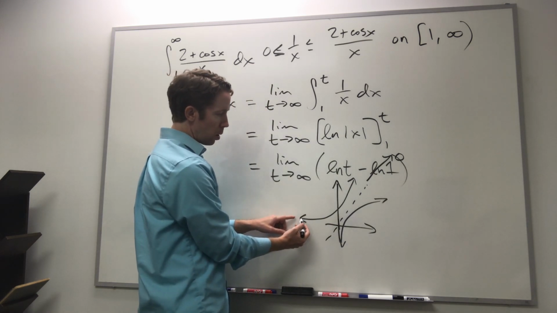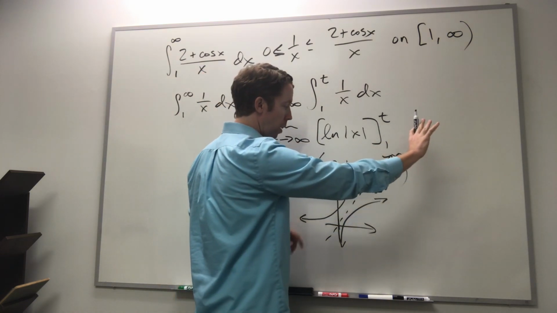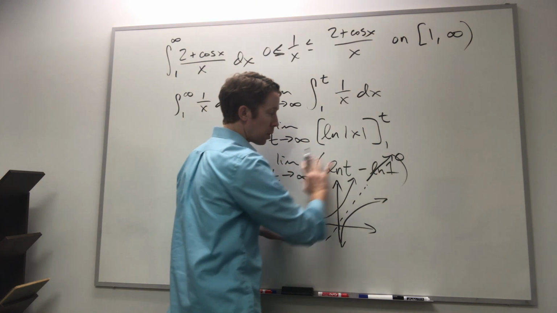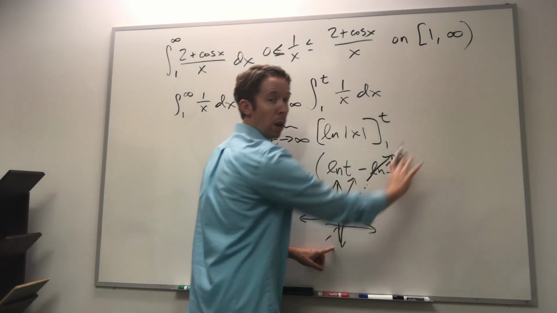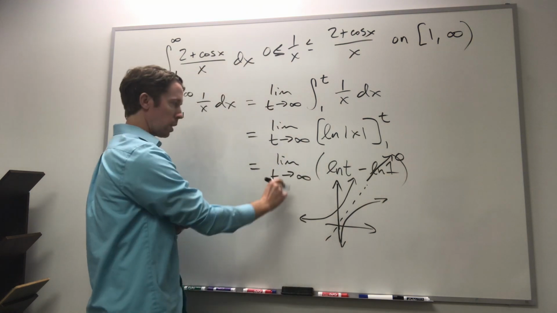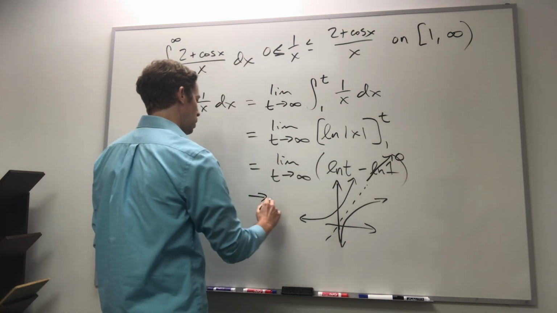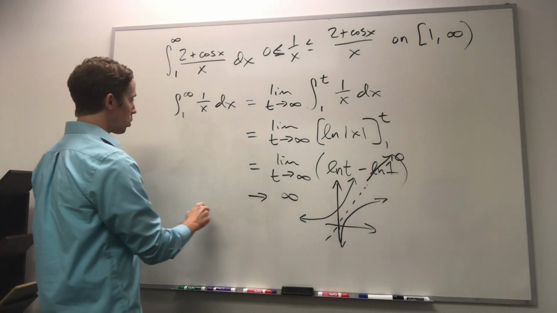If I go up here forever, it keeps on going to the right forever. So because y equals e to the x keeps going to the right forever, this natural log of x keeps going up forever. So this limit is infinite. Goes to infinity. So this integral diverges.